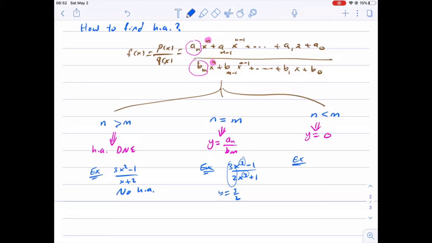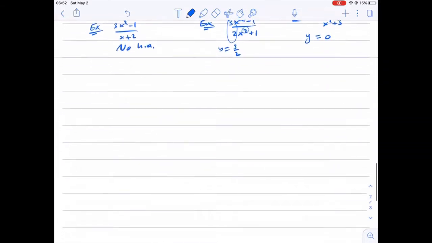If the degree of the numerator is less than the degree of the denominator, for example, (2x minus 1) over (x squared plus 3), as you can see, the degree of the numerator is 1, the degree of the denominator is 2. That means y equals 0 is the horizontal asymptote.